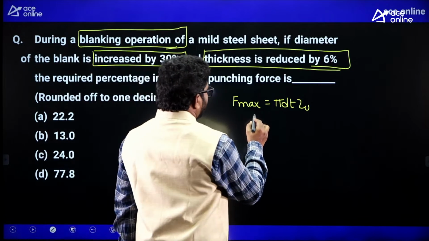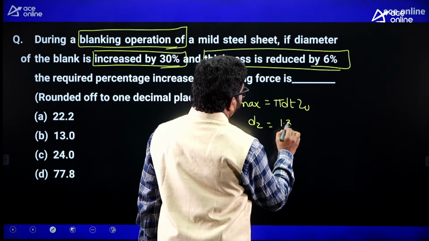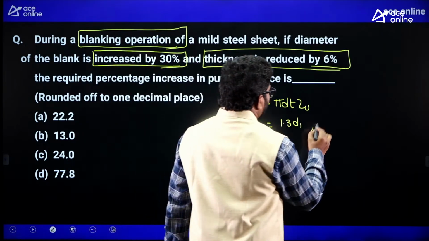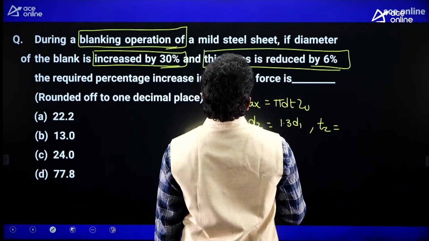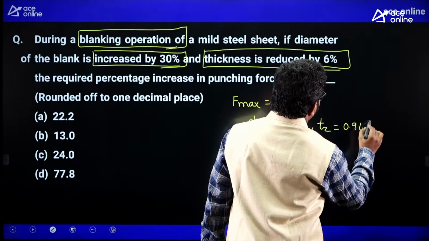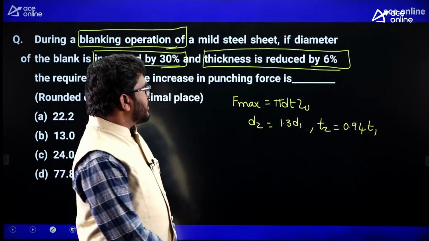Let us say d2 equal to 30% increased, so 1.3 d1, and t2 is equal to, how much? t2 is 6% reduced, so 0.94 into t1.